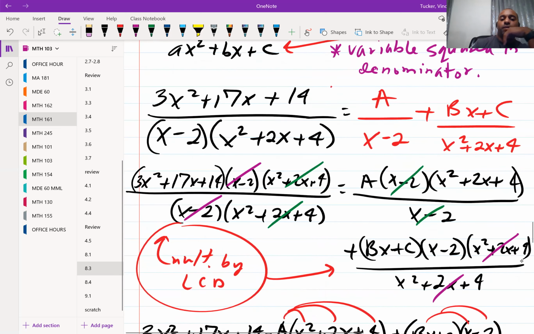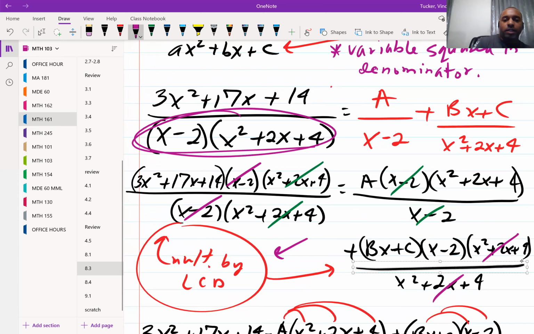Then the next move, going to multiply by the LCD, and I ran out of room because the screen is not as big as I would like, but our denominator, the LCD, is what you originally had. So then you multiply each numerator by that LCD.